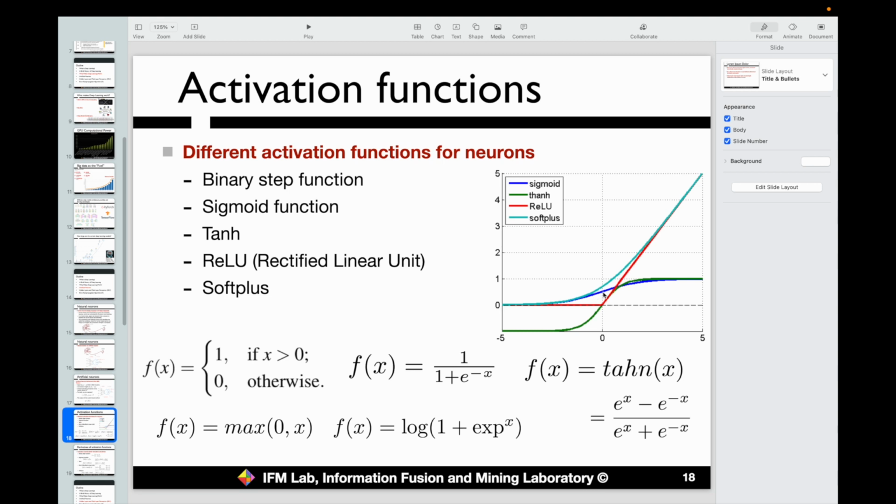For x equals 0, its output will be 1/2. For x less than 0, its output will approach 0. And for x larger than 0, its output will approach 1 instead. You can see this sigmoid function is more like a smooth version of the step function. For the step function, if the input is less than 0, it will be 0. Otherwise, it will be 1. We say it is not differentiable at x equals 0, and also the remaining gradient will all be 0.